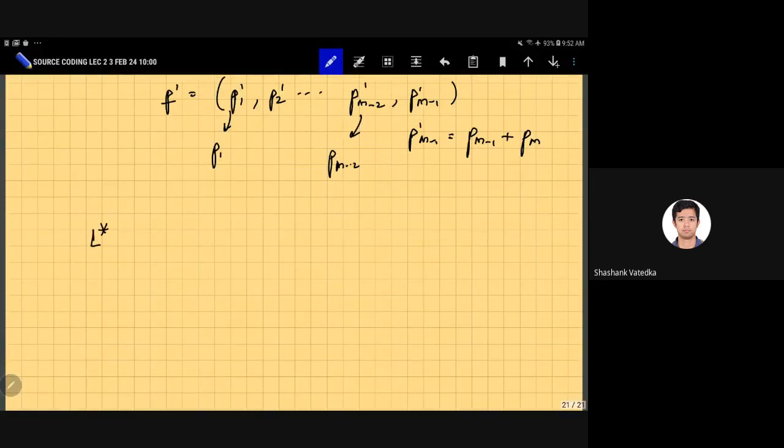Now let's look at L star of P and L star of P prime. Let LH of P prime and LH of P be the expected length achieved by the Huffman code.